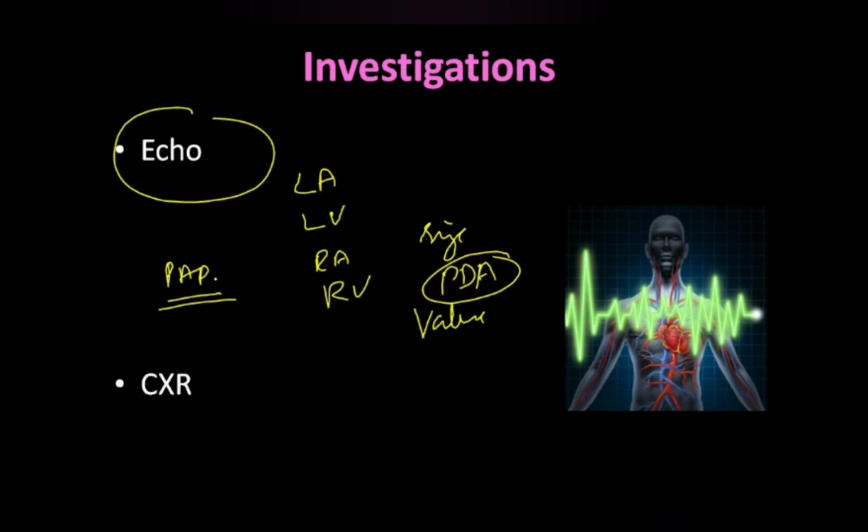Chest X-ray will tell you about the heart size, the enlargement of the atria and the ventricles, and also the vasculature of your pulmonary artery, whether it is increased or not. And what happens to the aorta? Whether there is aortic knuckle prominence, or what happens to the arch of the aorta, is found using chest X-ray.